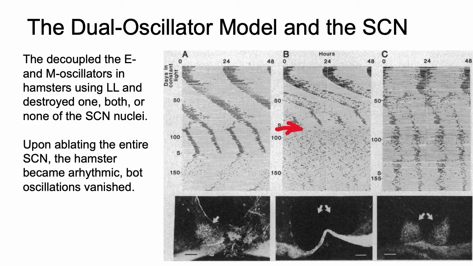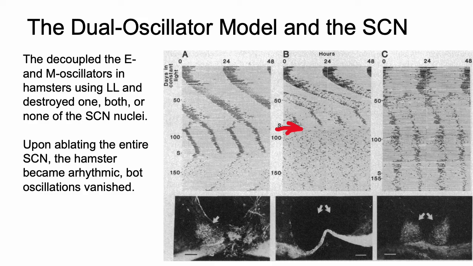Well, upon ablating the entire SCN, the hamsters became arrhythmic. Both of the uncoupled oscillations vanished. They performed these surgeries only after the oscillators were decoupled.